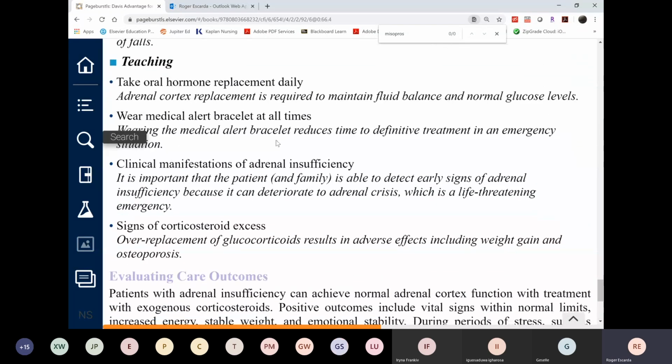Day-to-day teaching now. So let's say the patient survives and then they go home. So they'll be taking the hormone replacements, correct? So they'll be on hydrocortisone daily, sometimes twice daily, depending on how the doctor writes it.